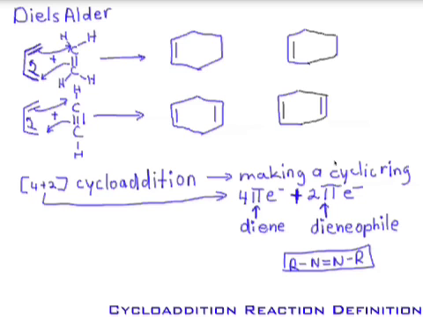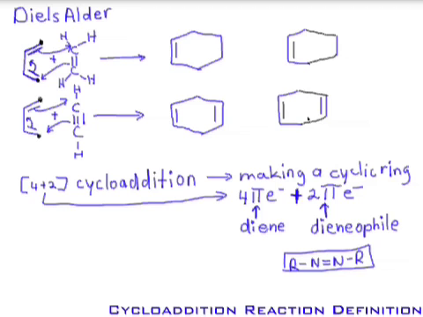Now, if you look carefully at this, you see what has happened. One of the pi bonds from the dienophile moved towards this end. I'll put a black dot. That carbon. The pi bond shifts to make a new pi bond, and the other pi bond moves out from here to attack.